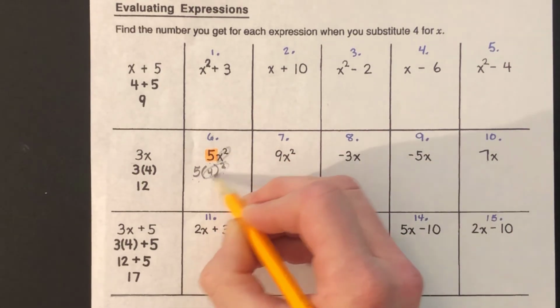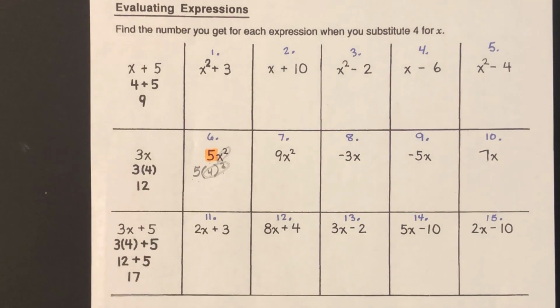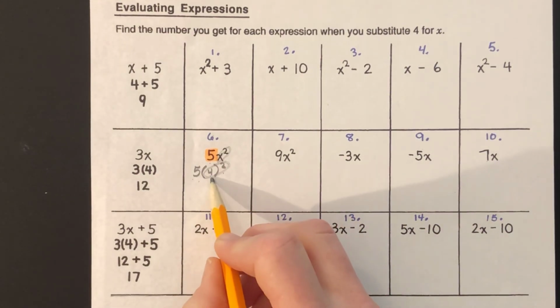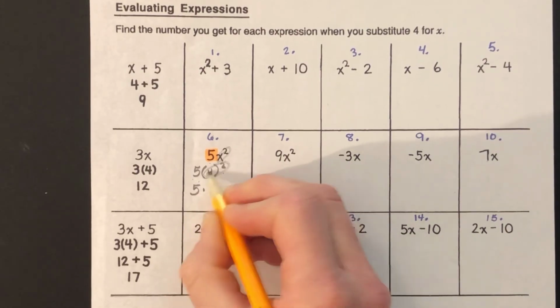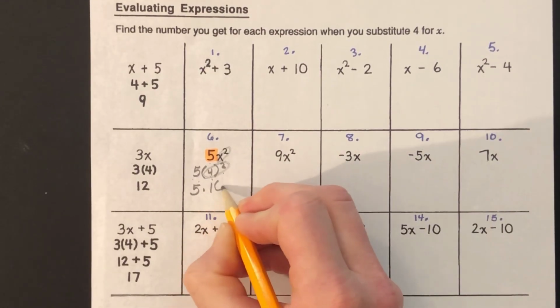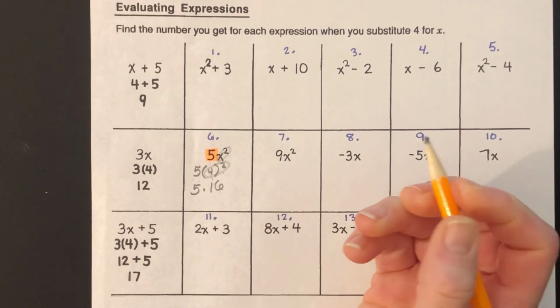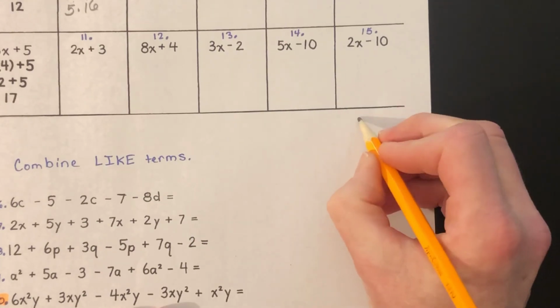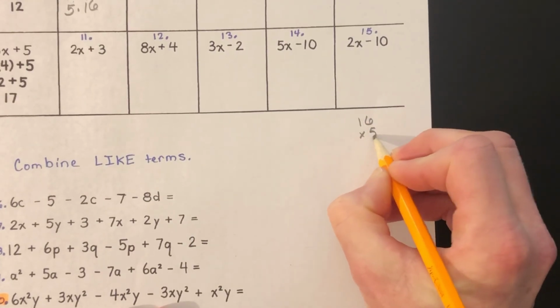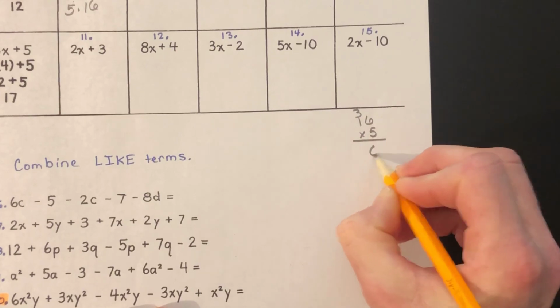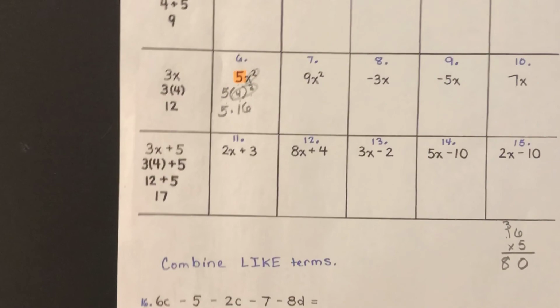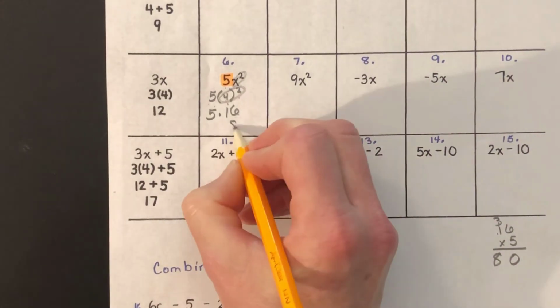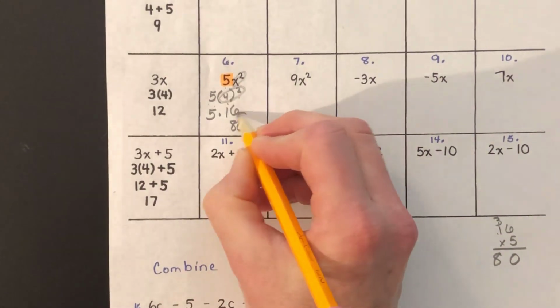So it's only squaring the value for x, which is 4. So we're going to square the 4 first. So we bring down that 5, and we write the square of that, which is 16. So we end up with 5 times 16. Let me come down here and multiply it out. I get 80. Back here, 80. There we go.